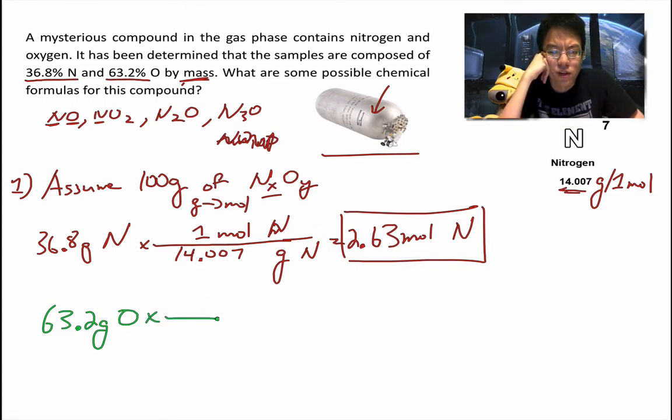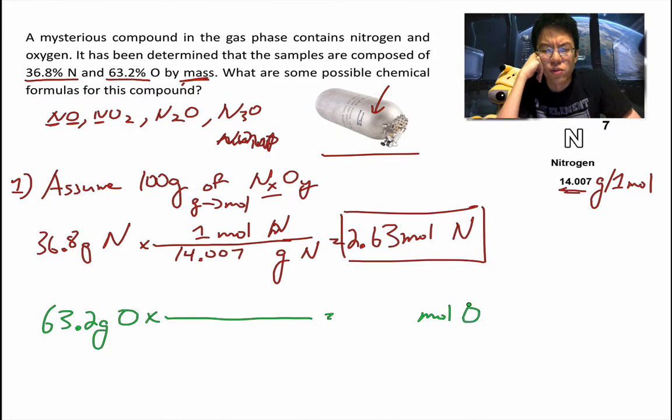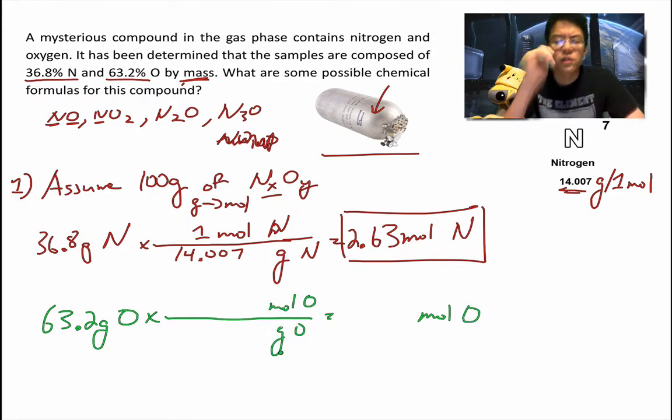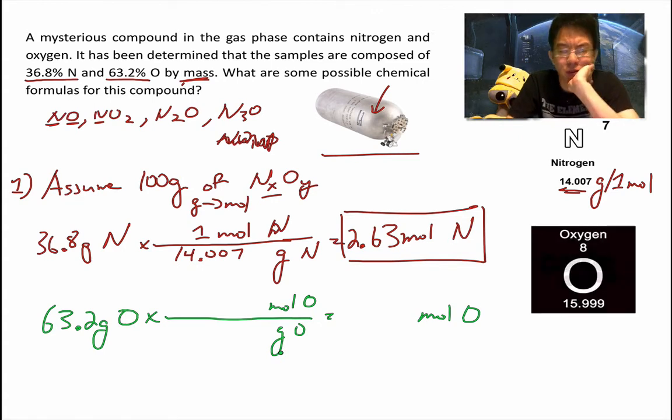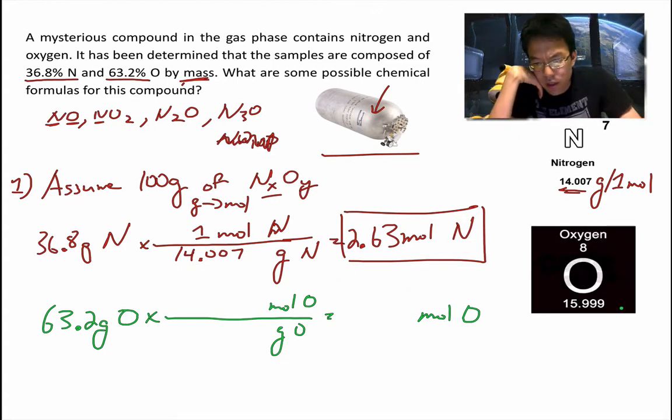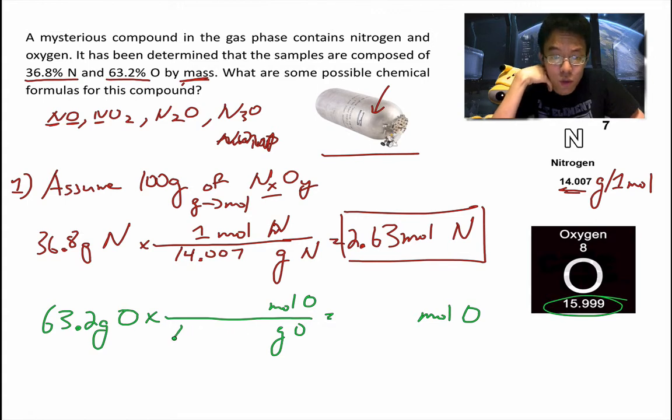Well, if I could go from grams of oxygen to moles of oxygen, that would be nice, right? So let's think about this. Well, if I look at my periodic table, I realize this number tells me how many grams are in 1 mole of oxygen.